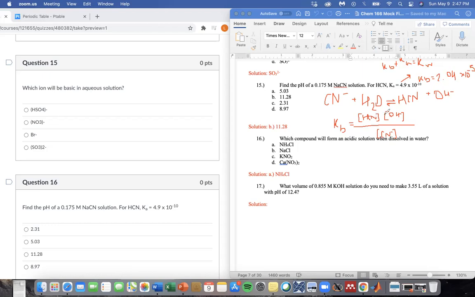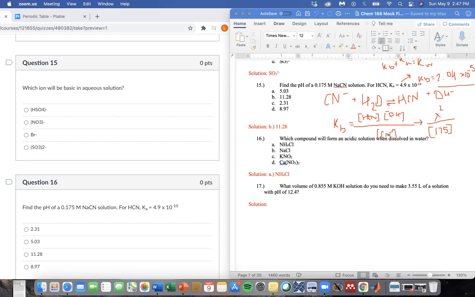So the first thing is we're going to assume small x. We're just going to put 0.175 molar down here, not 0.175 minus x. We know that we're going to produce x amount of HCN and also x amount of OH minus, so I'm going to put x squared up top, and here's our Kb.